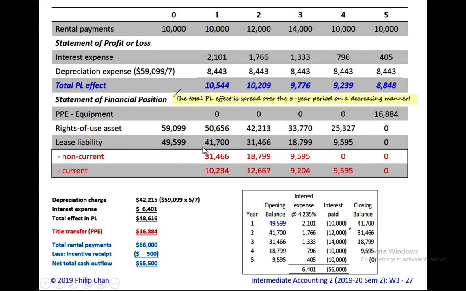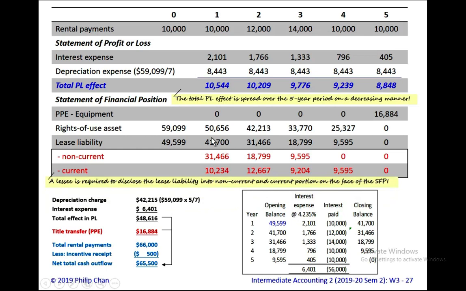You may notice that we did one more thing here, which is for the liability part. We have to split the liability into those payable within one year and those payable in more than one year. Let's take a look at the year 1 balance of your lease liability. That was equal to 41,700, which is this figure here in the table.